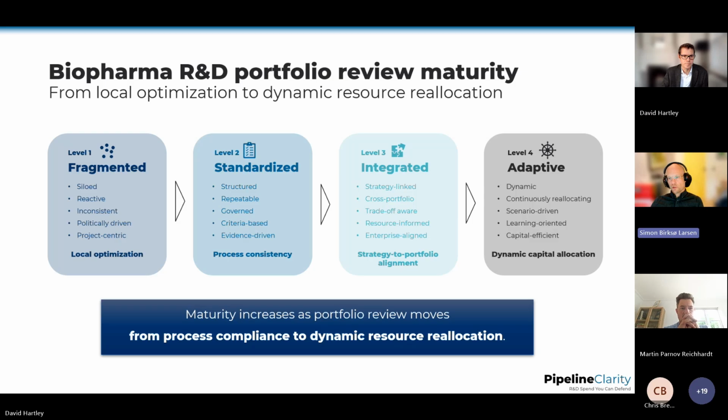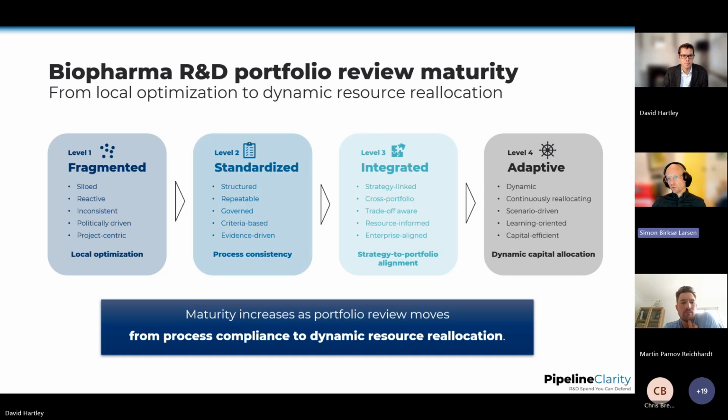And here's a bit more. You can probably recognize some of these keywords and link them to your own organization. But here on the left, we have put what we call a fragmented way of doing a portfolio review. So it's often siloed, reactive, inconsistent, politically driven, and project-centric. So it's not really a portfolio review, but it's more like an isolated project review.